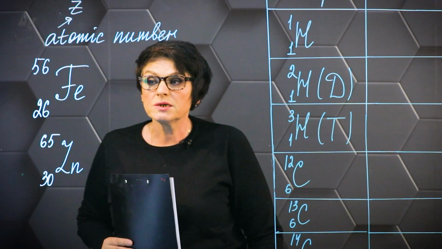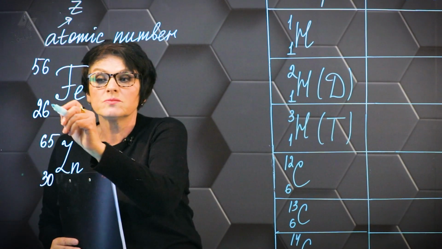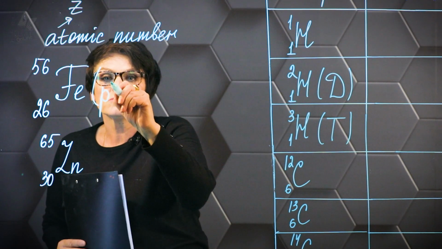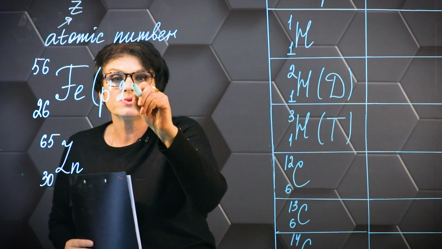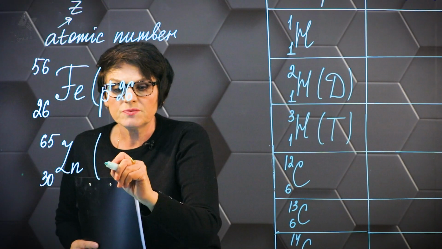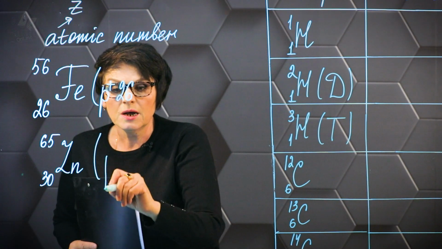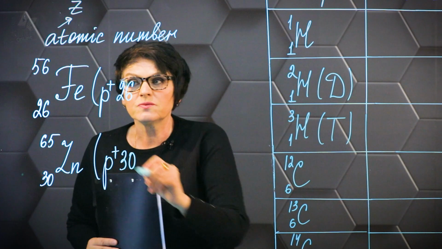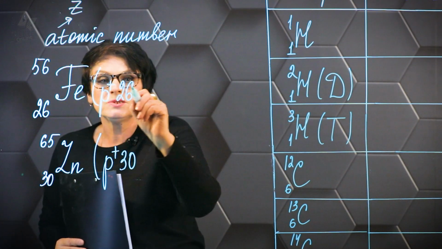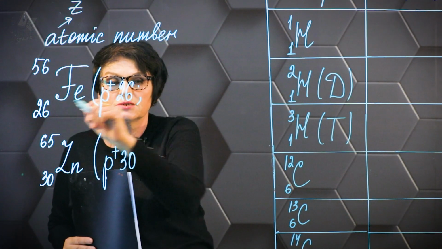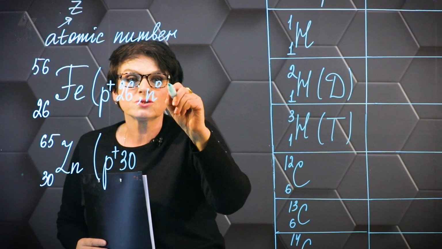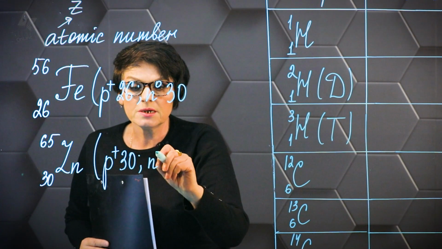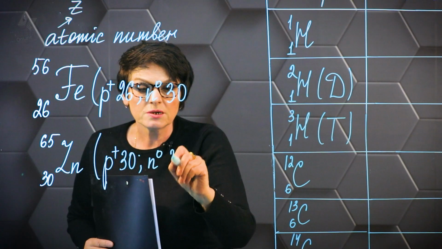What do these numbers indicate? Recall, the serial number or atomic number shows us the number of protons. They will be 26, and accordingly in zinc, its serial number will show us 30 protons. Then subtracting 26 from 56 for iron, we get the number of neutrons, and for zinc, this neutron number will be 35 respectively.